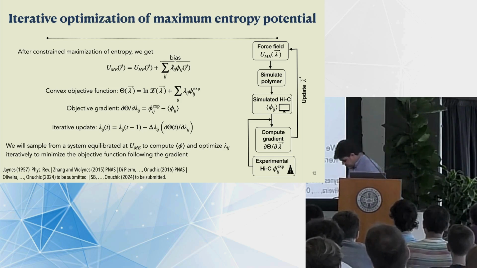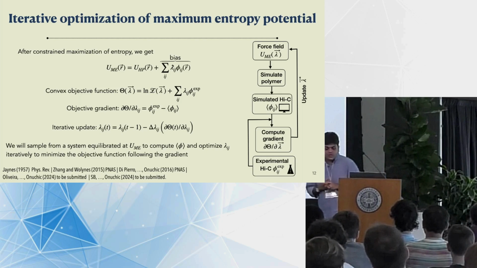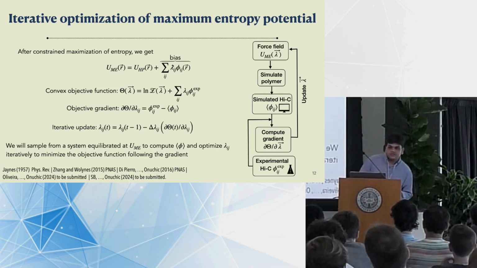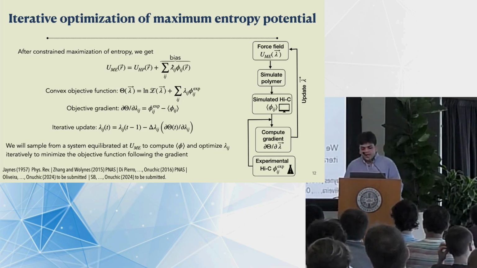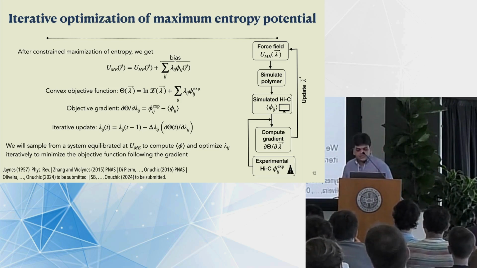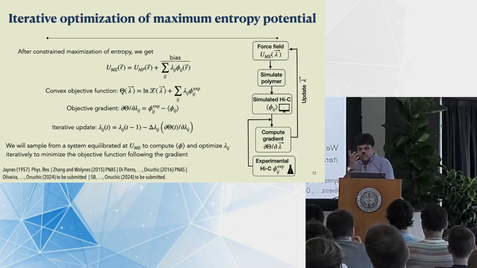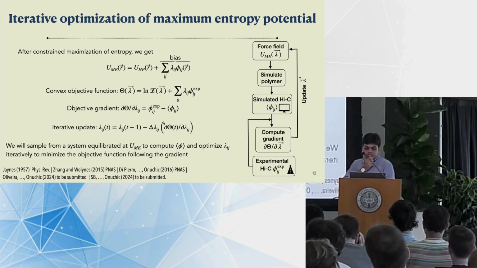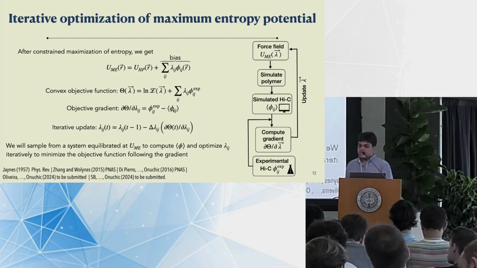From here, we define an objective function, the only requirement being that it has to be convex so that we can find a minimum, which has the form of a free energy. As you can see, by choosing this convex objective function, the gradient of the objective function already gives you what we want: how the experimental phi ij's compare with the simulation-averaged phi ij's.